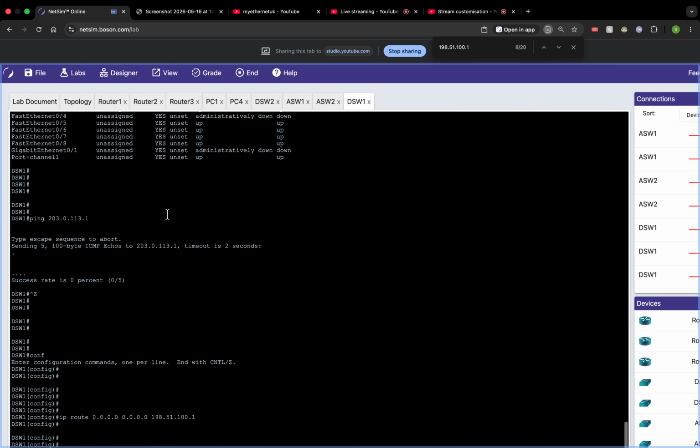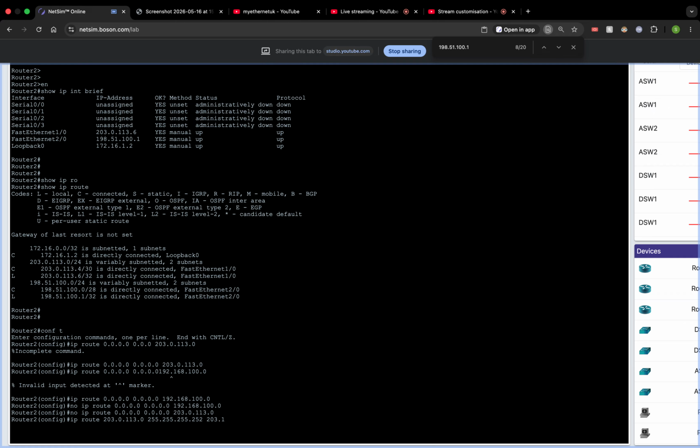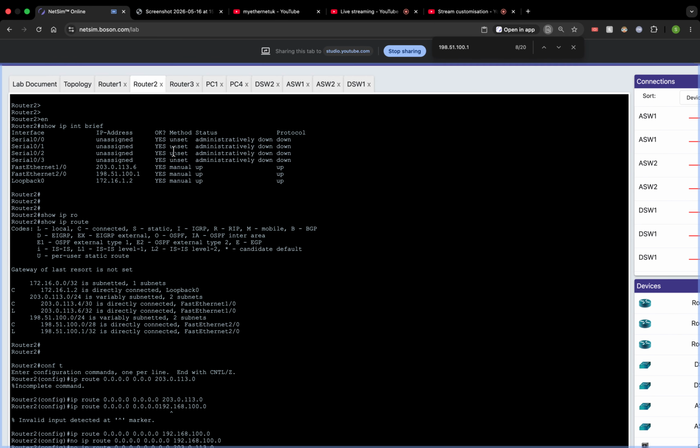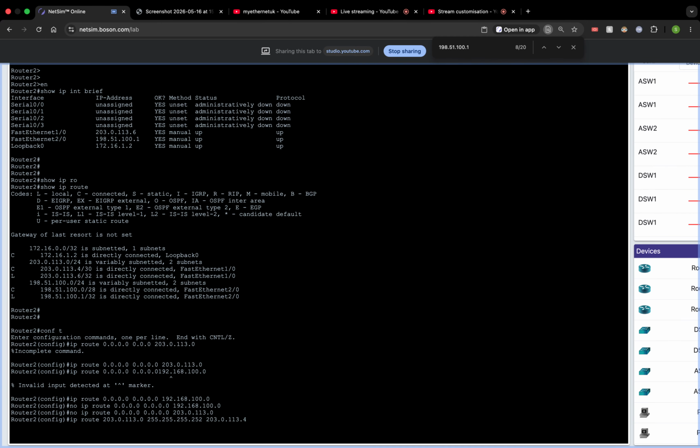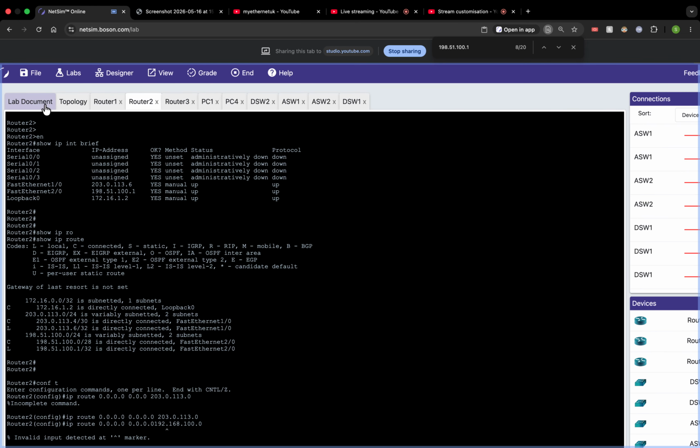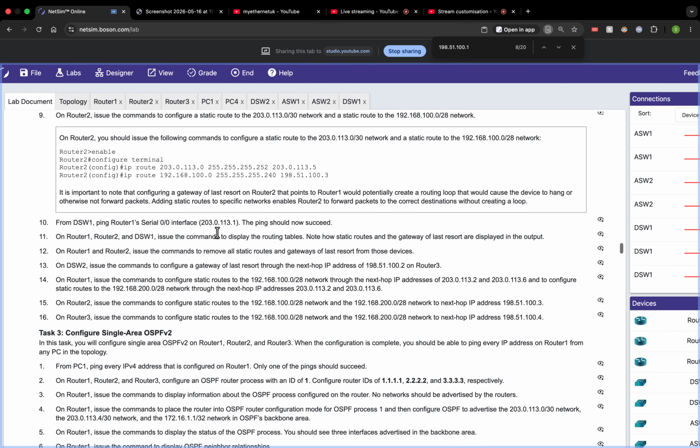The next hop is 203.0.113.5. That is router 1's FastEthernet 1/0 interface, which is in fact the interface we're trying to reach. So that's the next hop.